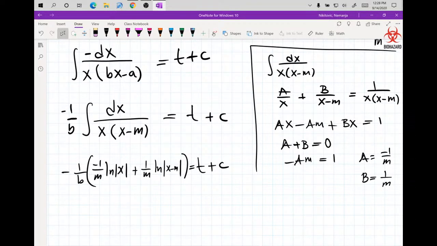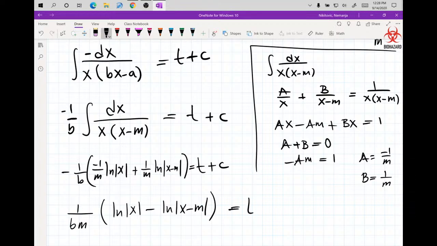All right, now I'm going to factor out negative 1 over m, which would give me 1 over bm outside. And inside the parentheses, I'm going to have ln of x minus ln of x minus m. And the reason why I have a minus there is because I kicked the minus outside.